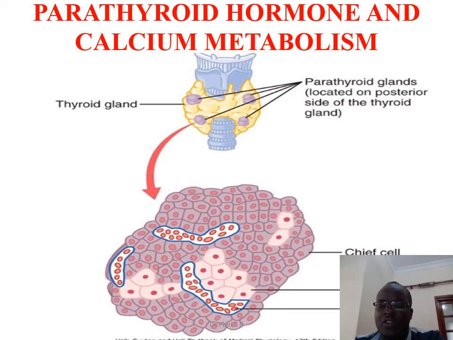Then the blood supply, where you find red blood cells within the capillaries. You need blood supply to the parathyroid glands to produce and secrete the hormones into the cardiovascular system for transportation of parathyroid hormone once it has been produced.